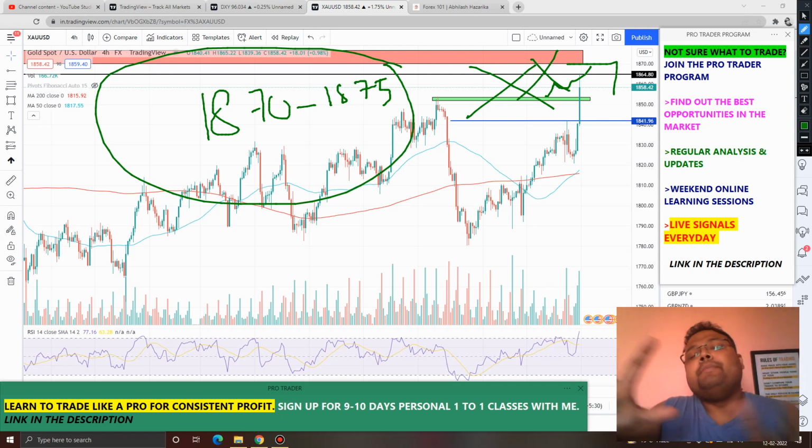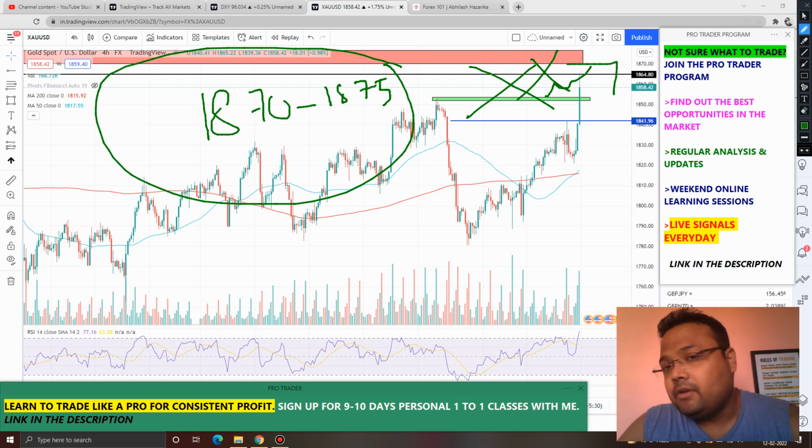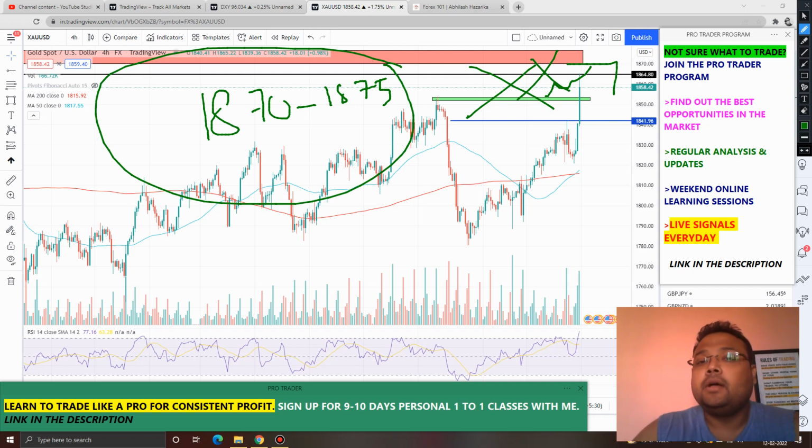So if the market remains normal by next week, take a sell position around 1870 to 75. If you see price rejection from above, and considering the technical factors, there's a good possibility that the market will reverse, okay. But in case something bad happens to the world, then obviously the level will be gone. So keep in touch with the news, most importantly.